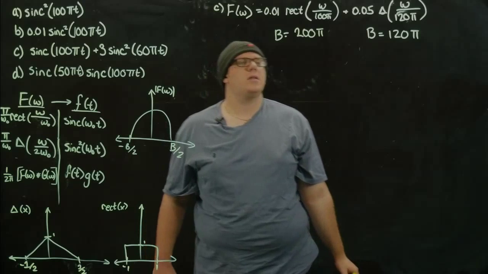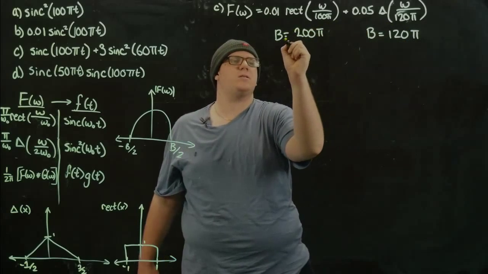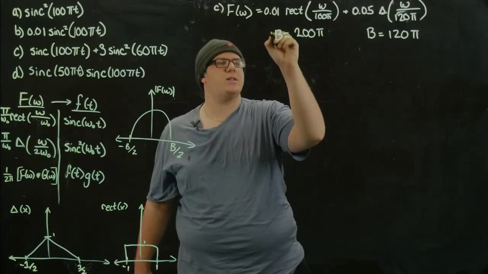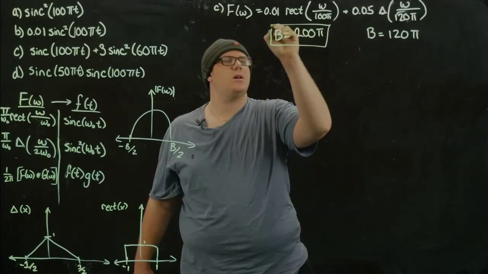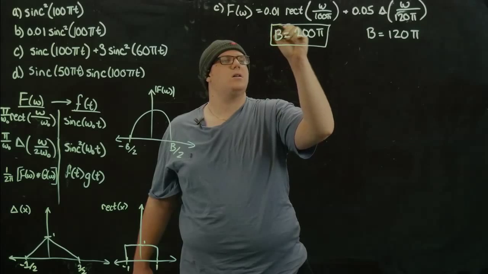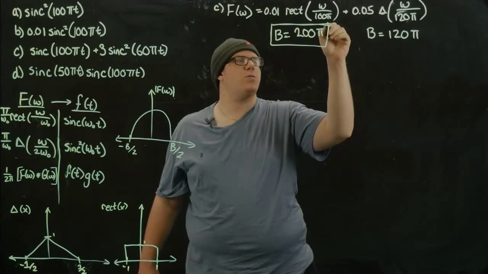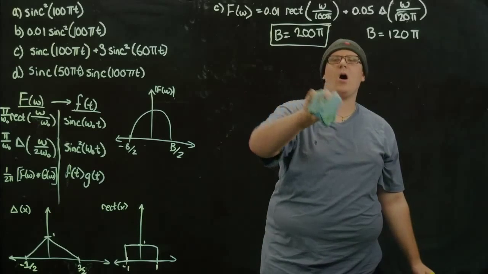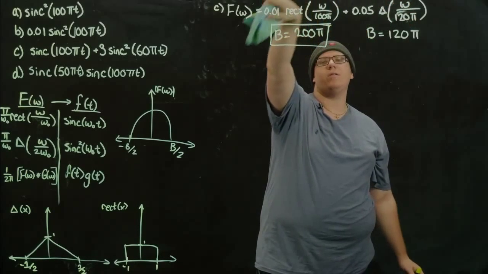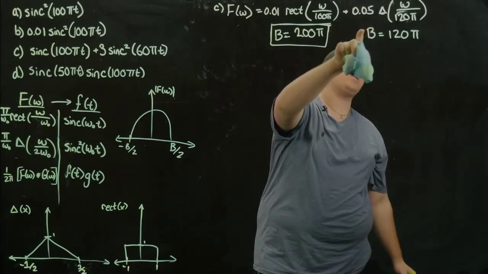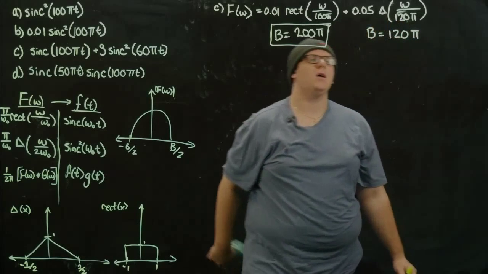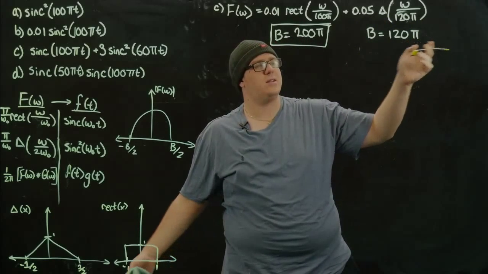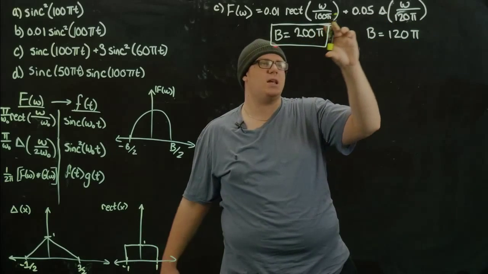So the bandwidths here are different for each function, but because this one's bigger, we take the more stringent requirement, being that this needs to get all of this. It needs to get all of the function, and even though this function can be perfectly captured by something that is less than this, you need to capture all of it.